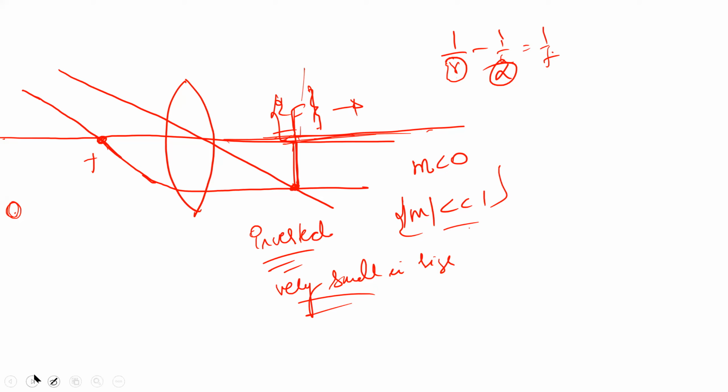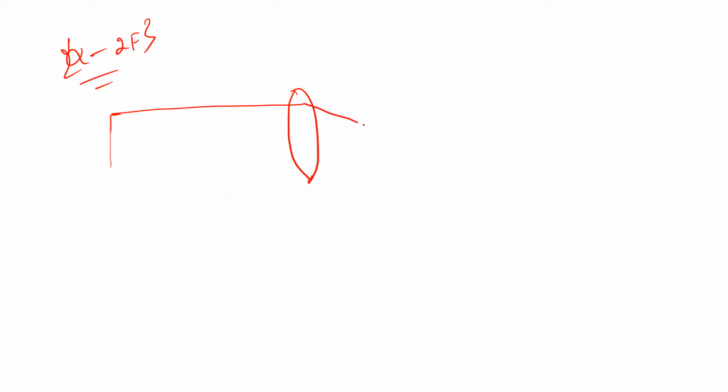Next, the object is between infinite and 2f. That is before the center of curvature. Where will the image be formed? A parallel ray will pass through the focus here. This will be the focus, then this will be 2f, the center of curvature.